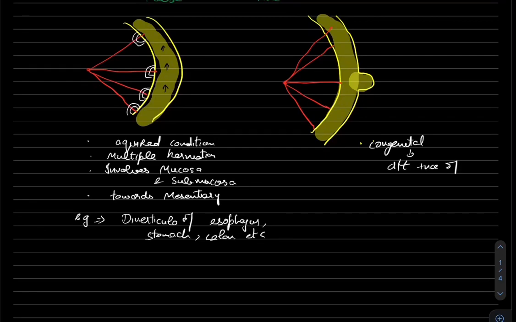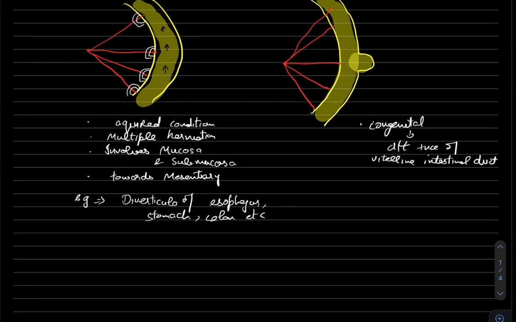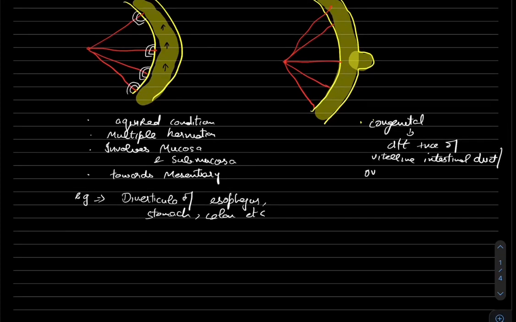Presence of the vitelline intestinal duct or omphalomesenteric duct. Okay, see, here it is a single herniation, whereas earlier it was multiple.